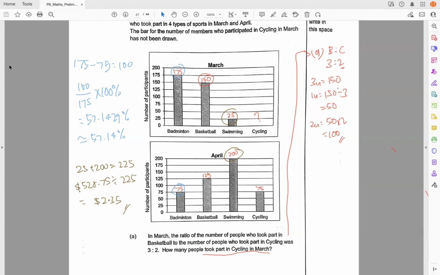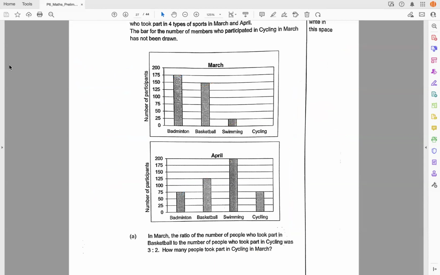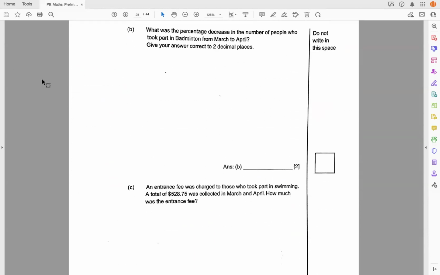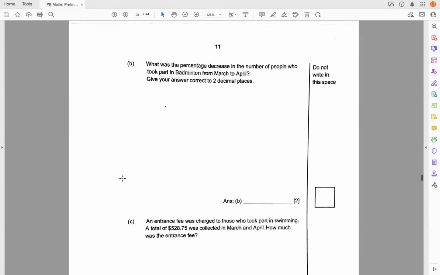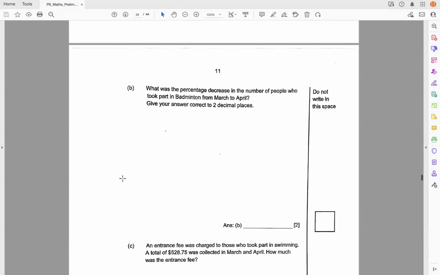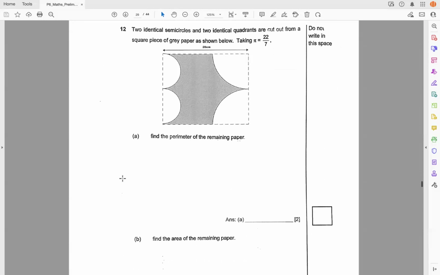Two identical semicircles and 2 identical quadrants. So let's identify where the semicircles are. So this semicircle. And then 2 identical quadrants. This is the one.